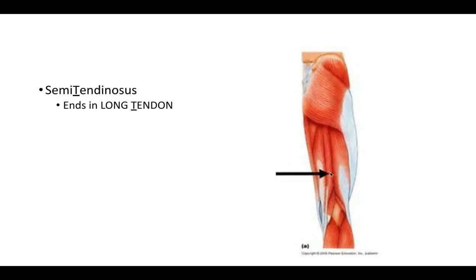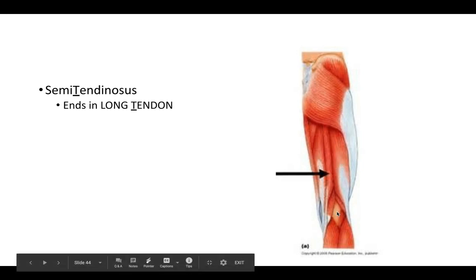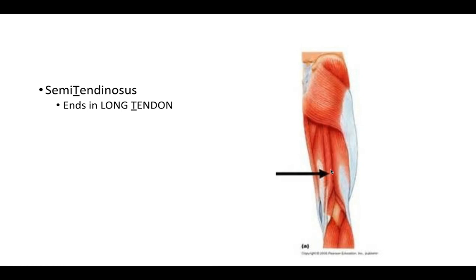So this right here, if we pause for a second, this is the back of your knee. You have one really large muscle on the lateral side, and then you have a couple of thin, skinny muscles on the medial side.